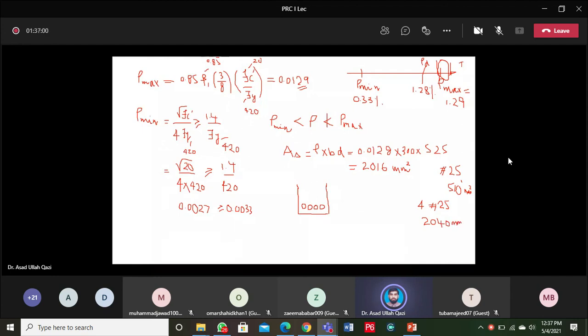So I think this is the most ideal selection. We are lucky enough that we are getting the area very close to what we desire, and the rounding up is very small.